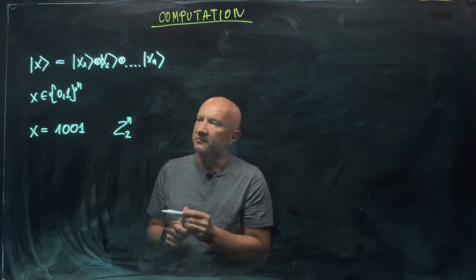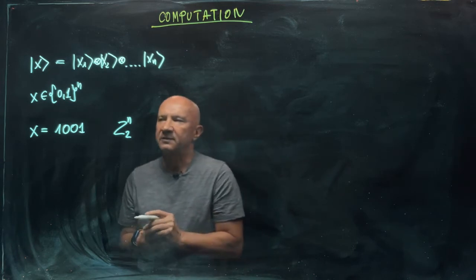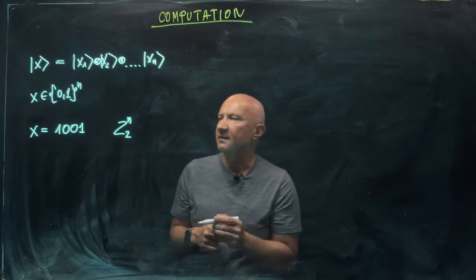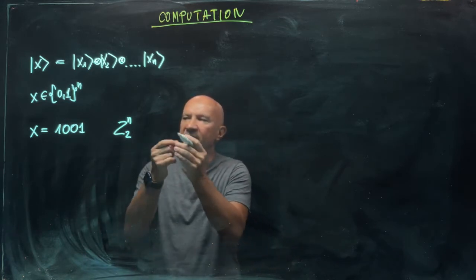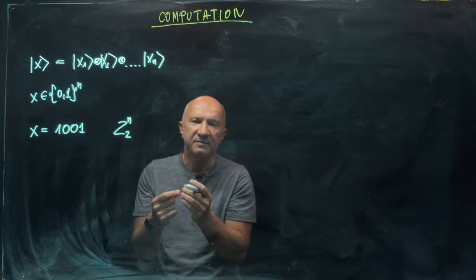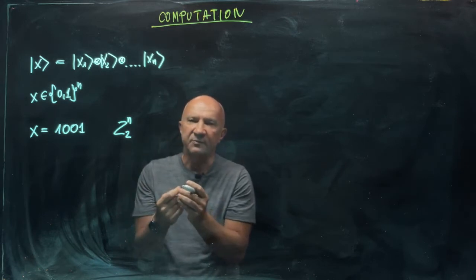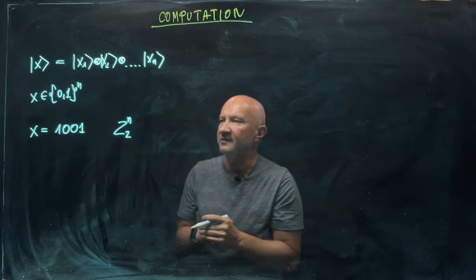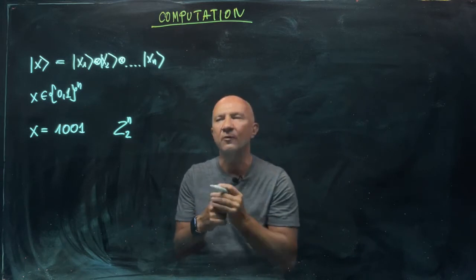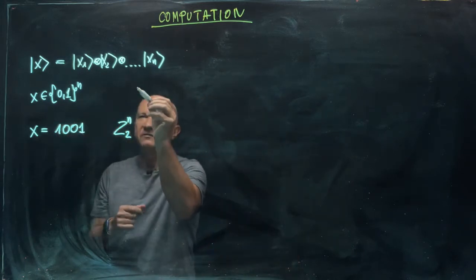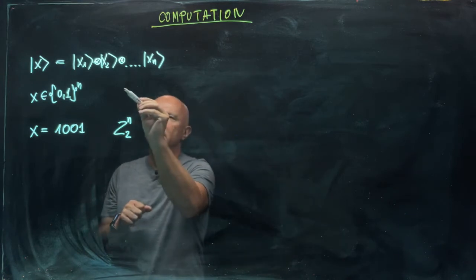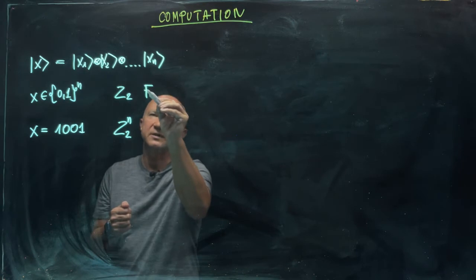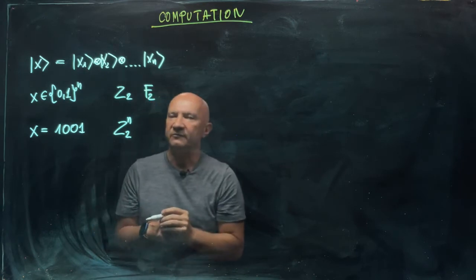You can also think about them as binary vectors, so they form an n-dimensional vector space over the binary Galois field. The entries are either 0 or 1, because you can think about these operations on individual bits as something that forms the group Z2, or the Galois field F2.